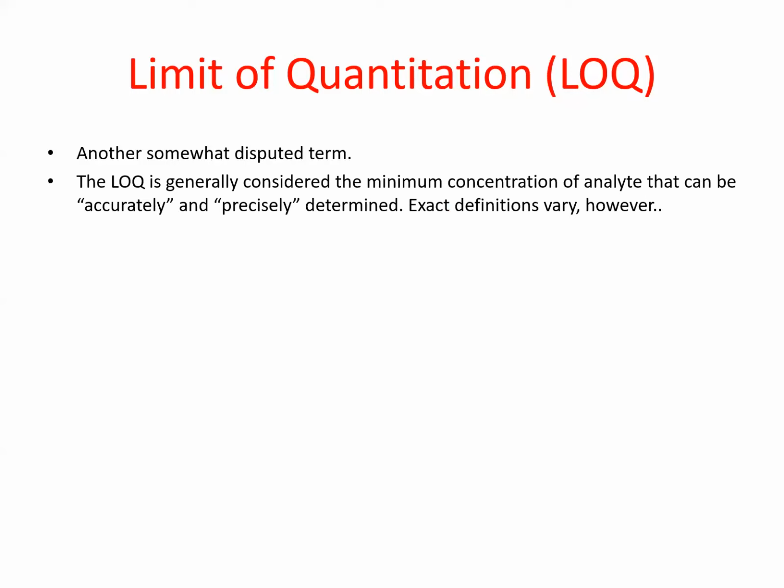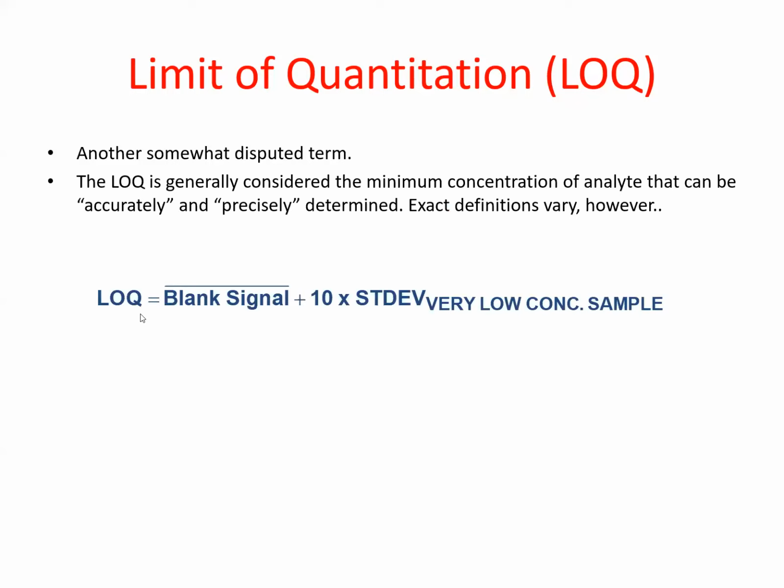The exact definitions vary. However, we can define it mathematically. Normally, the LOQ is equal to this bar here. The bar over the blank signal denotes the average. It's the average of the blank signal plus 10 times the standard deviation of a very low concentration sample.